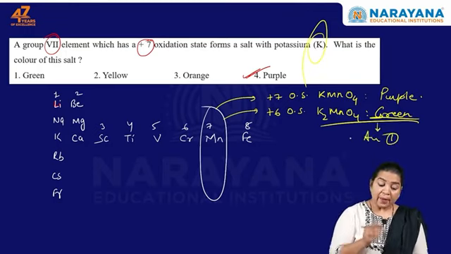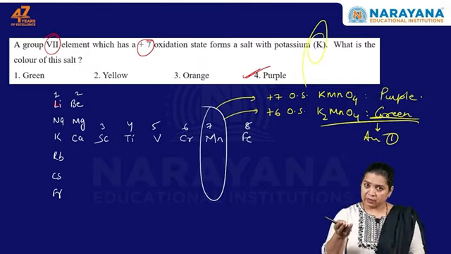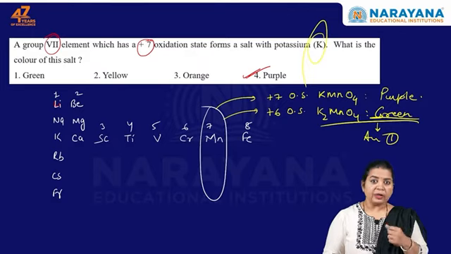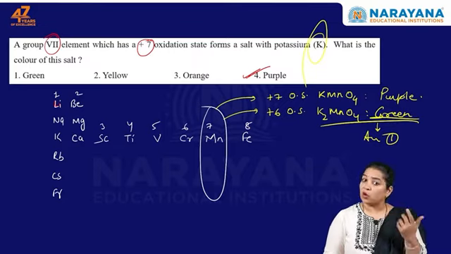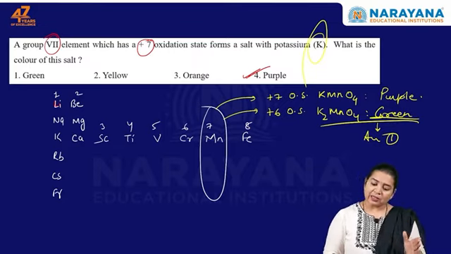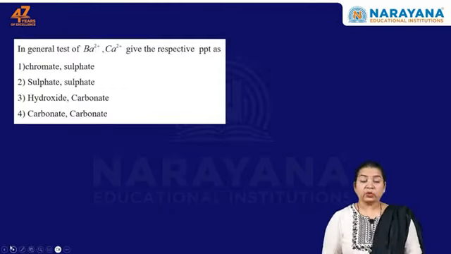So, based on what actually appeared in your paper, kindly comment in our chat group and tell what the right answer is. Was it +6 which was asked in the question, or was it +7? If +7, answer is 4. If +6, answer is green. Okay. Moving to the next question.